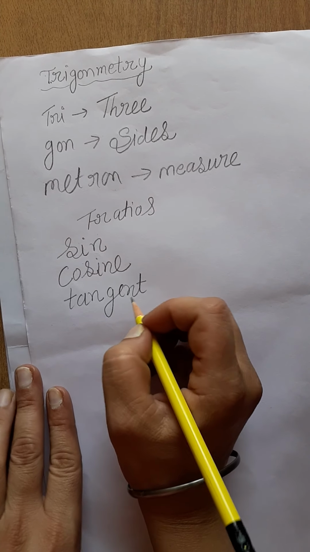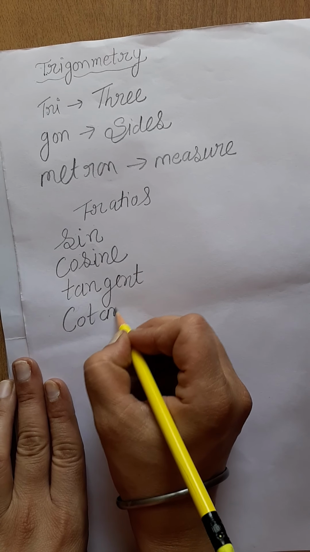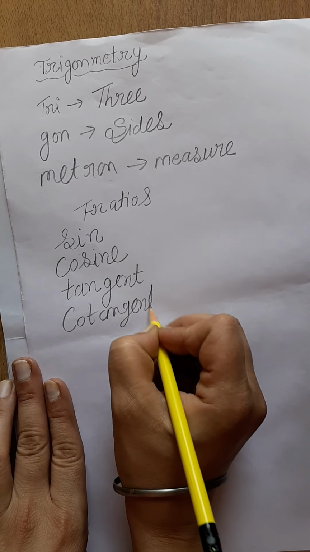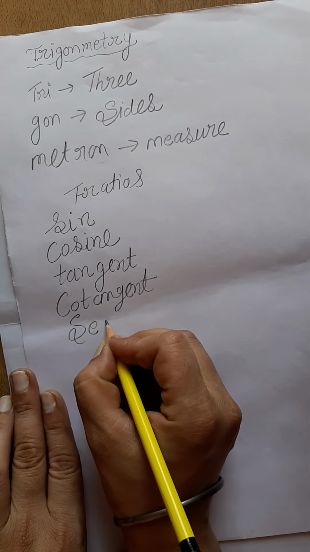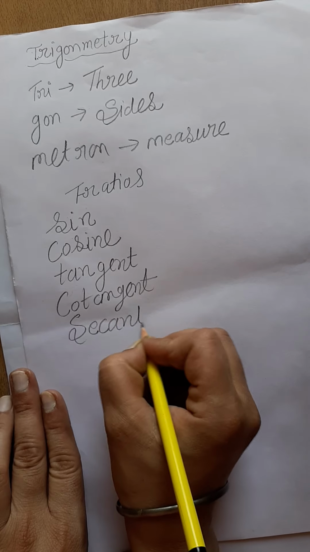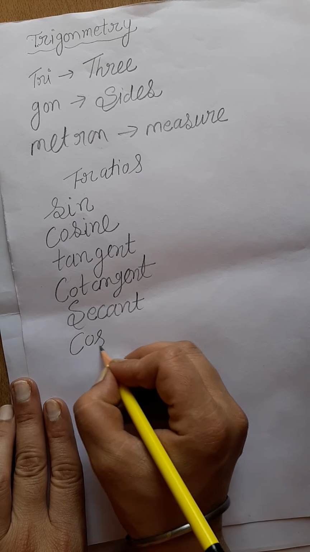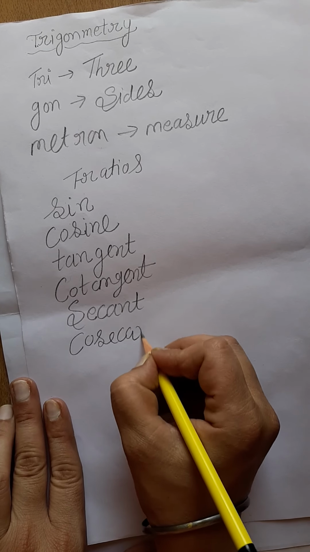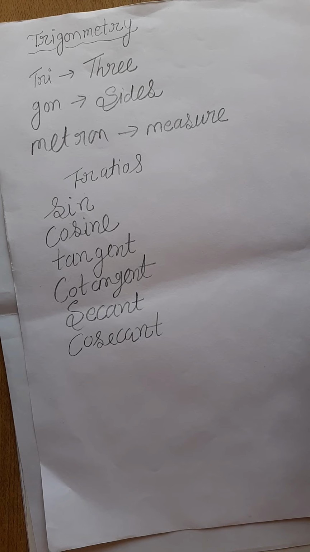The fourth one is cotangent. And the fifth one is secant. And the sixth one is cosecant. These are the 6 T ratios which we will study.